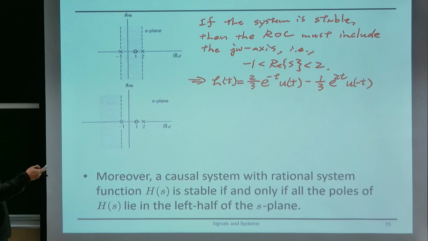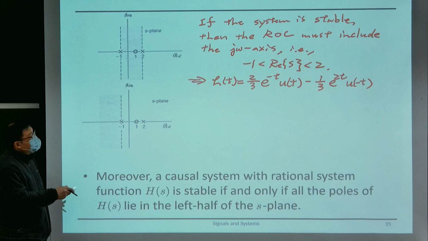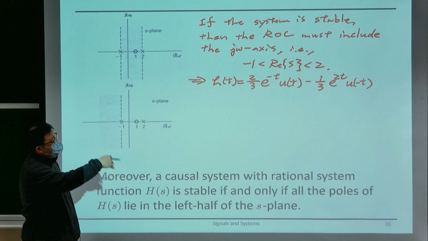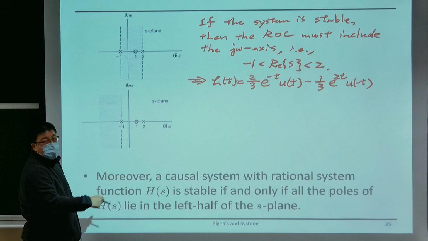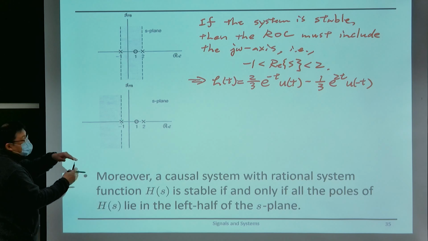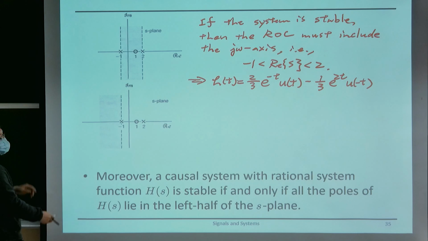Now, why is this system stable? We inferred that the system is stable by observing its ROC, which includes the j omega axis. But if you look at the time domain, what it has is a one-sided decaying exponential to the right. And in the second term, even though we have this 2t in the exponent, here we have a unit step function that is non-zero only to the left of the origin.